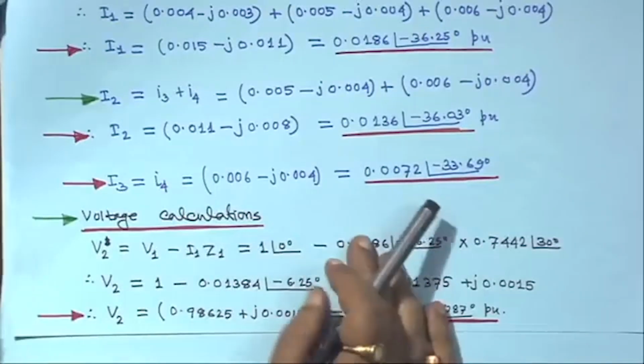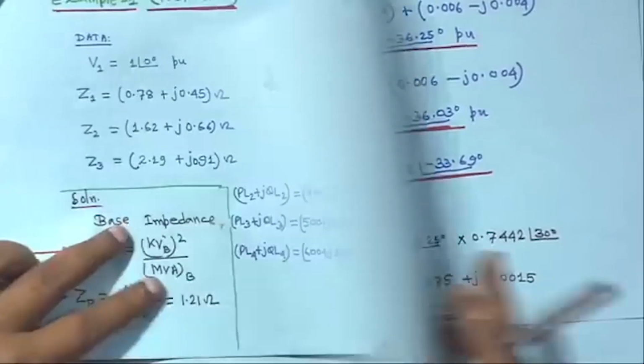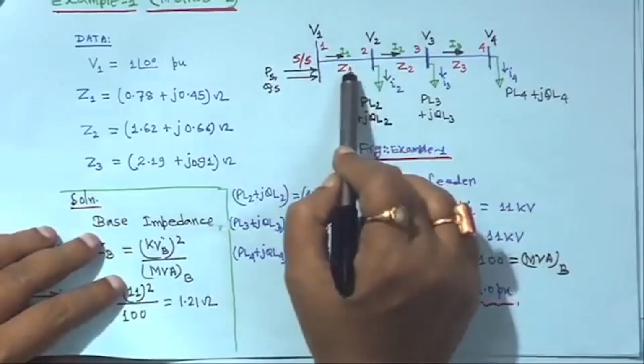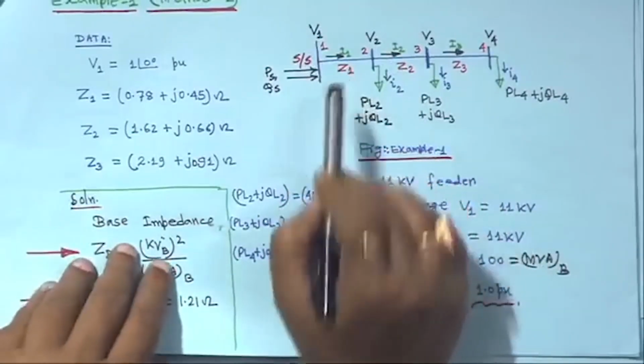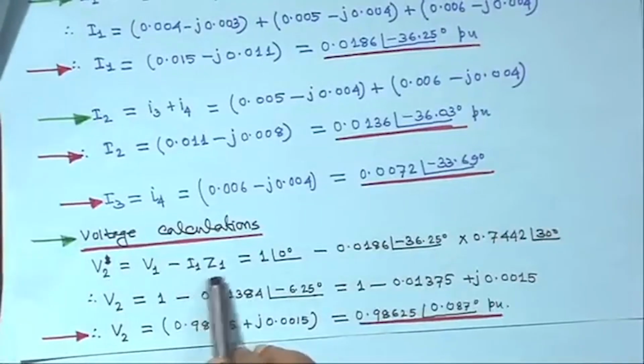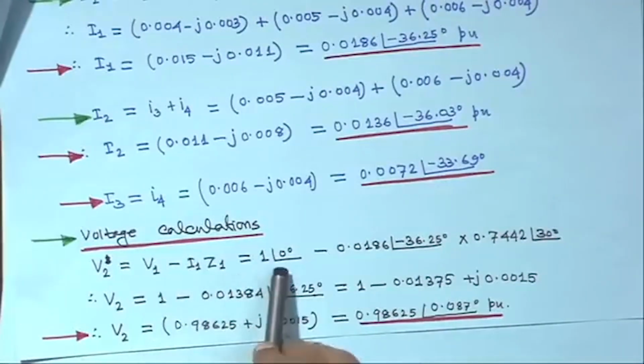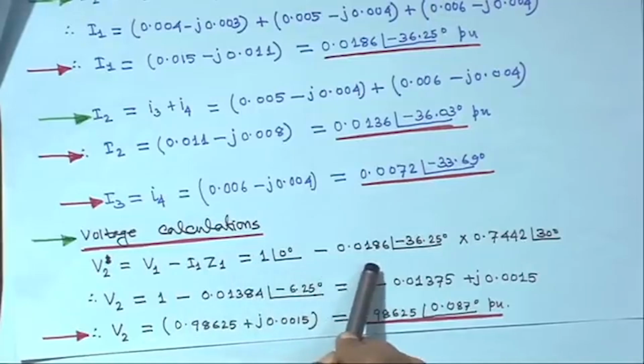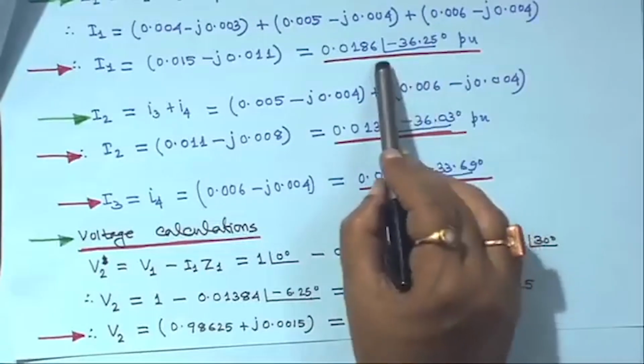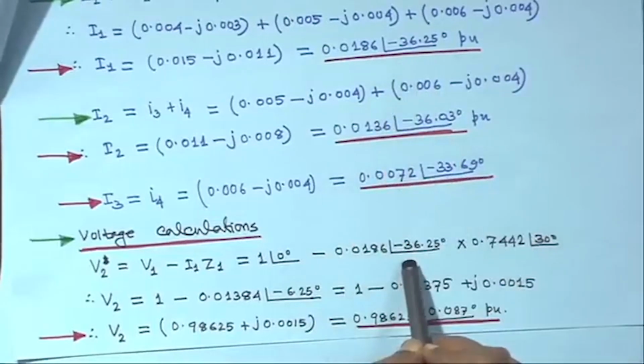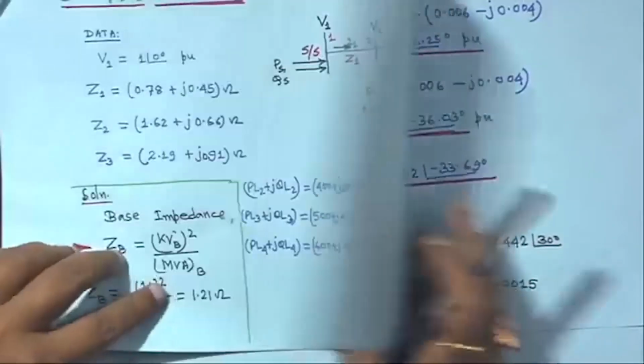Now, voltage calculation. From this one, V2 is equal to V1 minus I1 Z1, from this first branch. So, V2 is equal to V1 minus I1 Z1, V1 is 1 angle 0, minus I1, the I1 is this value. So, put it here into your Z1, Z1 we have computed earlier.